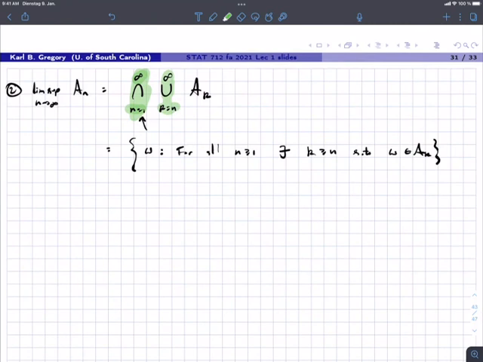So this means no matter what n you choose, I can always find beyond that n some set which contains omega.